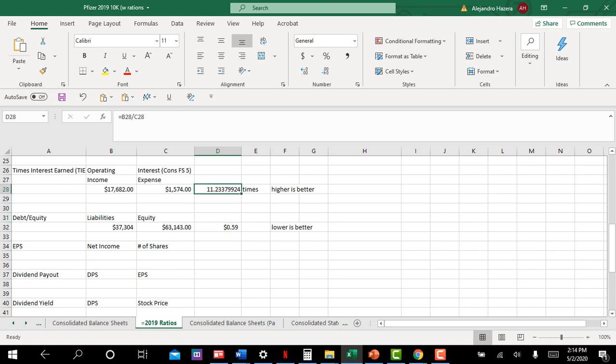This company has $11 basically of income for every dollar of interest expense. That's more than enough. And Pfizer only has 59 cents in liabilities for every dollar of equity. The lower the better. You want less debt if you're going to pay it off. So it looks like they can pay off both the interest and the debt.